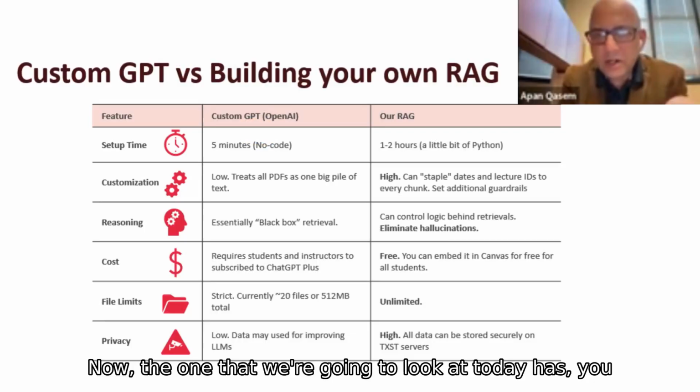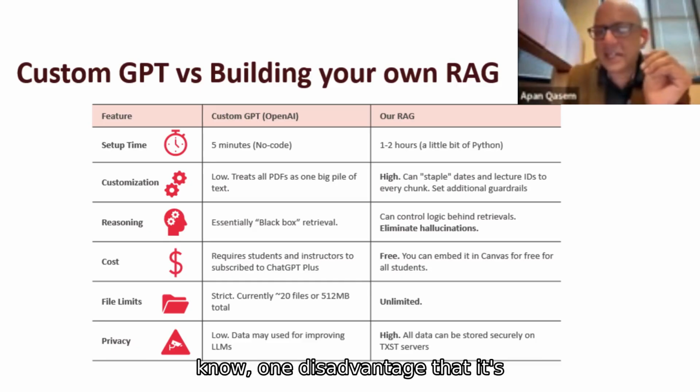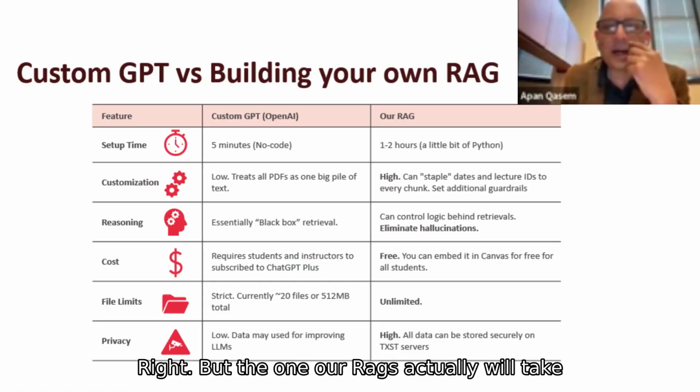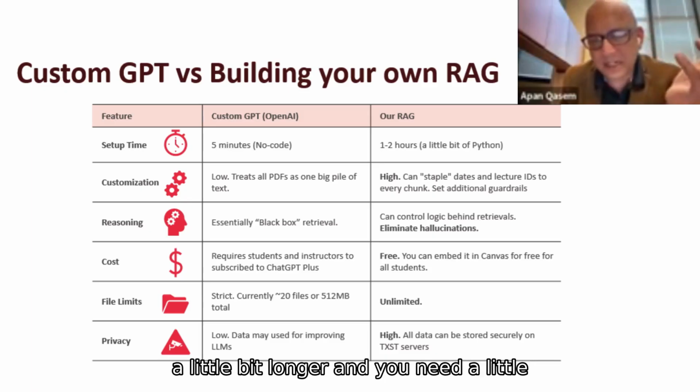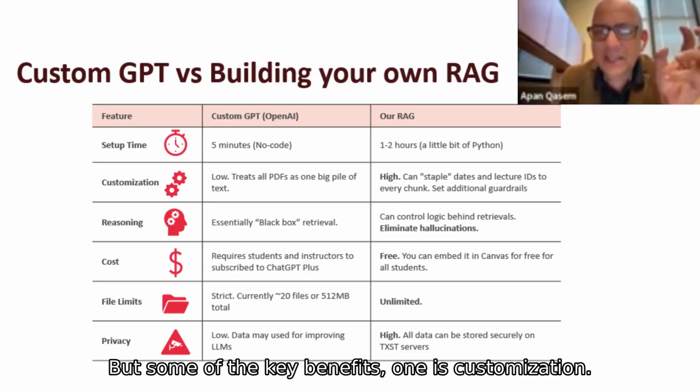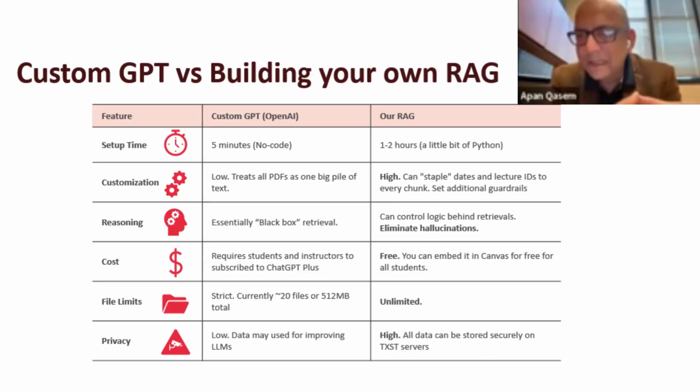Now, the one that we're going to look at today has one disadvantage: it's going to take a little bit more time. I think the custom GPT takes 5 minutes, right? But our RAG will take a little bit longer, and you need a little bit of Python expertise. So it's not zero coding, but there are some key benefits. One is customization.